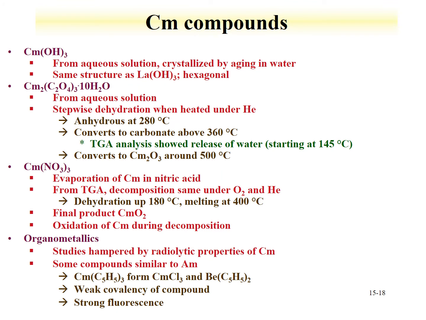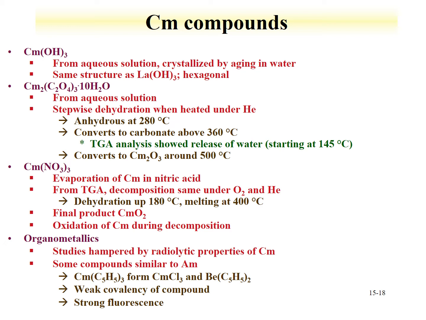Other curium compounds include the curium-3 hydroxide, and this is just precipitation from solution, and it can crystallize by aging in water and has the same structure as the lanthanum trihydroxide. Curium oxalate can be prepared from aqueous solutions, and there's stepwise removal of the water under helium, and the system can become anhydrous, removal of all the water, close to 300 degrees.